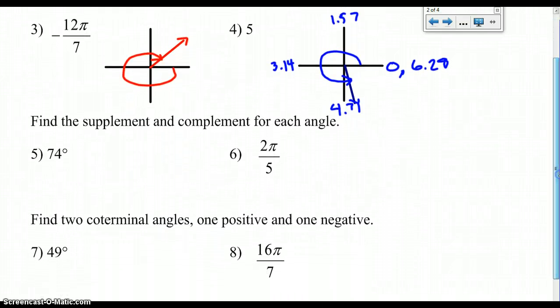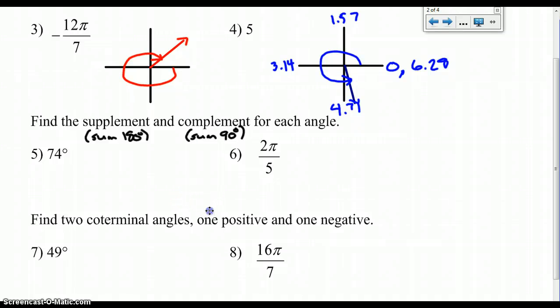Okay, some more reminders and a little practice with this. Supplements and complements. Remember, supplements means two angles whose sum is 180 degrees, where complements have a sum of 90 degrees.